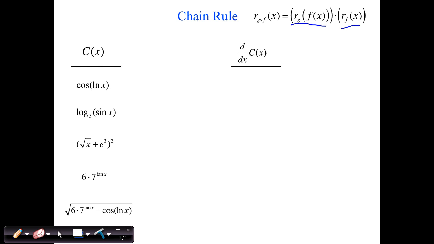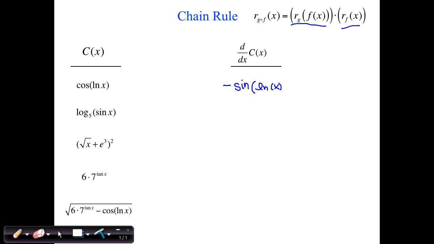So, like we saw before, I know what the derivative of natural log of x is. That's easy. I know what the derivative of cosine of x is, but I don't have cosine of x, I have cosine of something else. Cosine of x, its derivative is negative sine of x, right? So cosine of something else, I'm going to have in the derivative rule, negative sine of that something else, natural log of x.